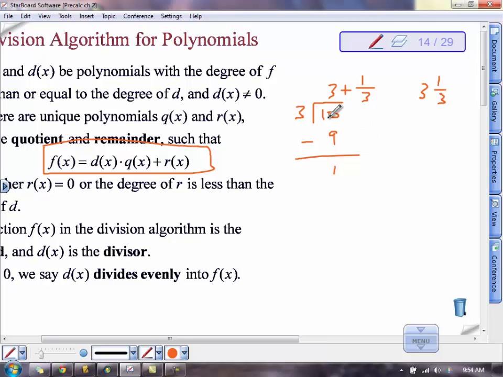So the original, this is the divisor. This is the quotient. This is the remainder.